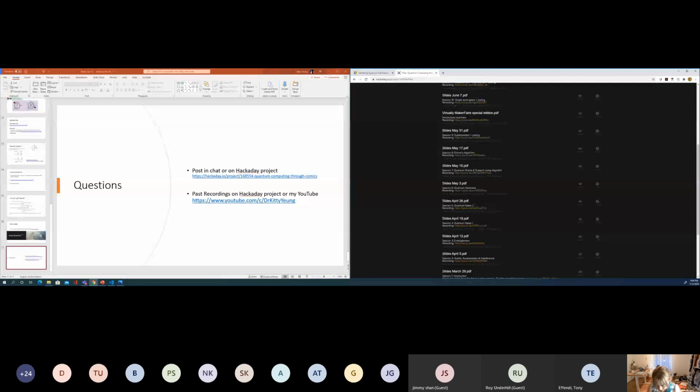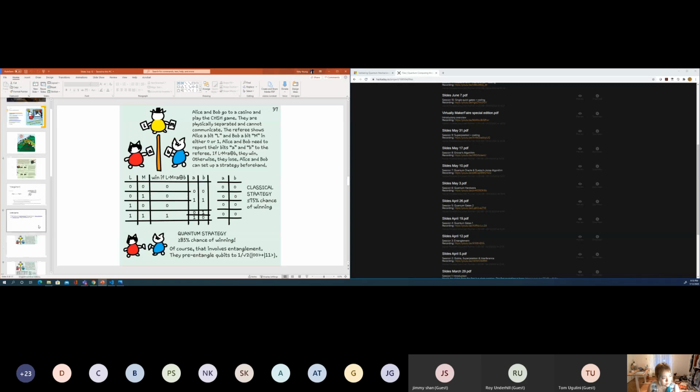Adam asked if there is a circuit editor. We intentionally did not build a circuit editor so far. For a couple of simple circuits, like teleportation or superdense coding, you can write the circuit step by step. But if you want to do real quantum computing, circuits are not going to get you very far.